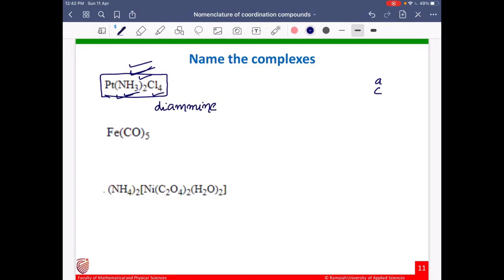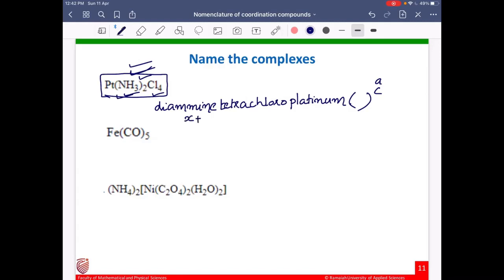Now chloro, 4 are there. So 4 means tetrachloro. Now platinum. Not finished. We have to put the oxidation state of platinum.